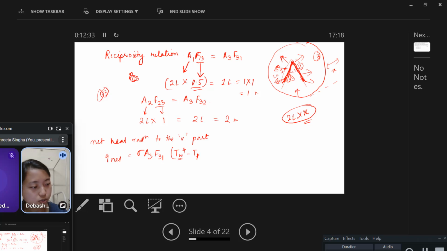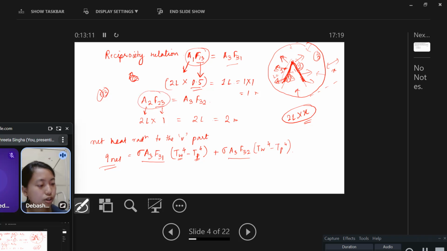This is the furnace wall, and this is the V part. So the net radiation the V part is receiving is everything received from 3. That is the total net radiation received by this V part. So instead of A3F31, we can write A1F13. Instead of A3F32, we can write A2F23.